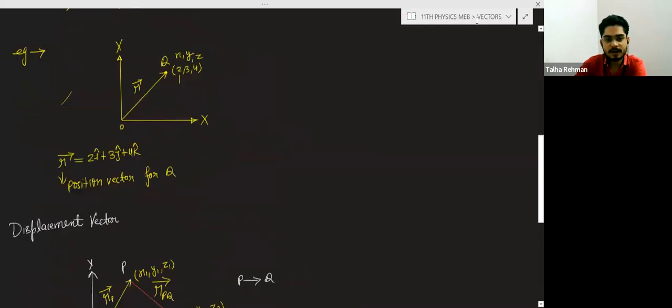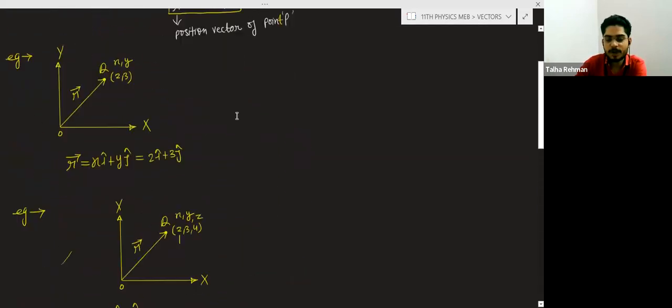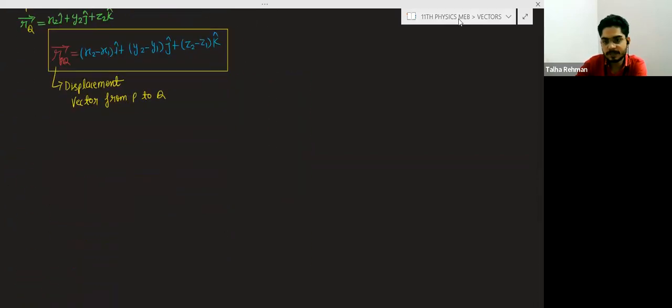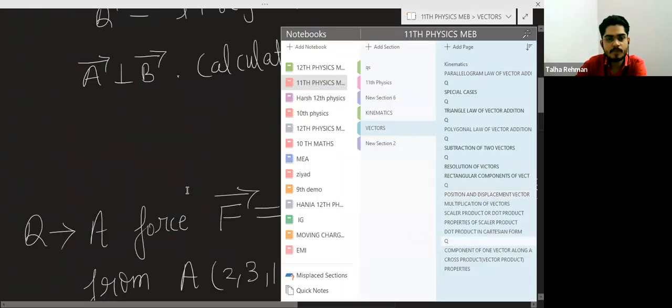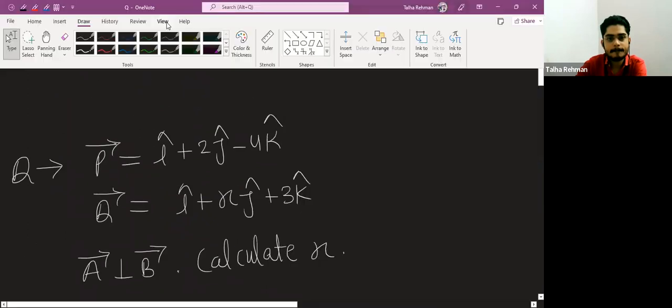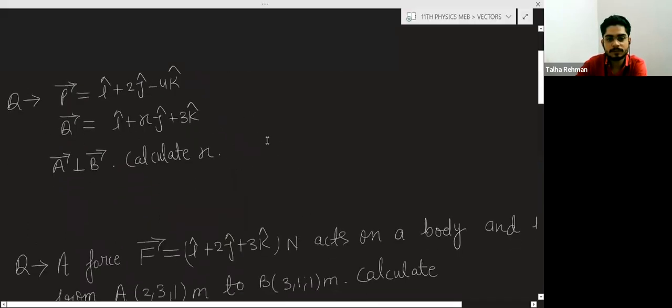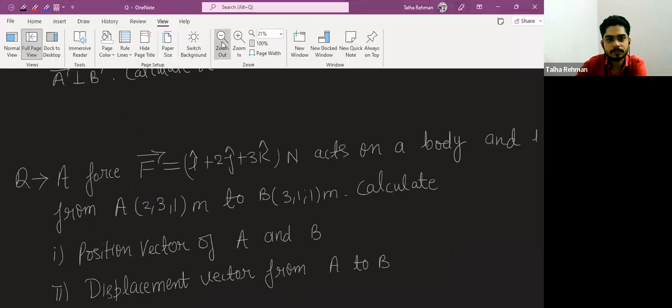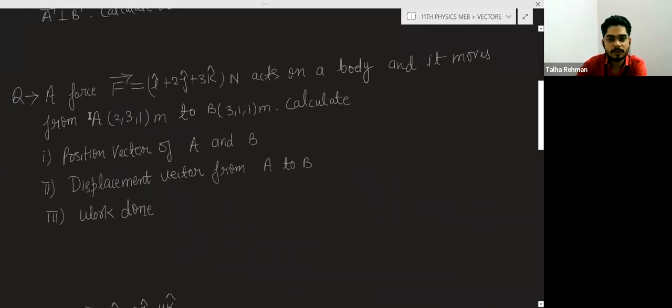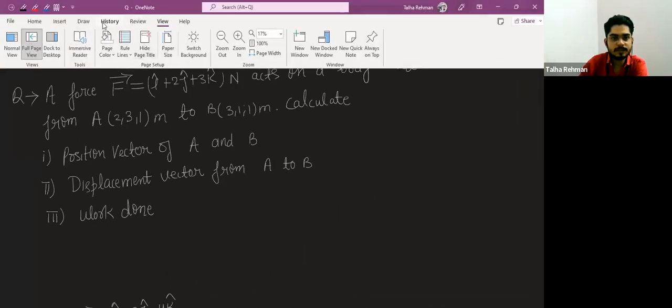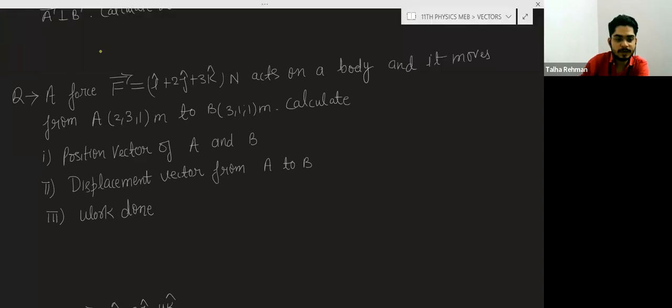So you should have an idea of how to write the position and the displacement vector in this question. First, write down this question. Just try this question at your home. You can leave the third part.